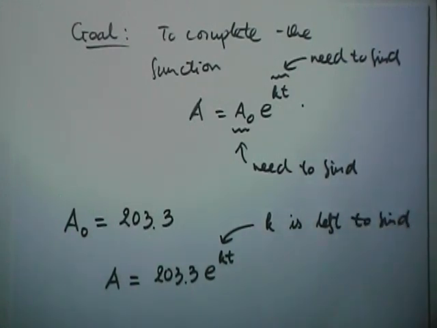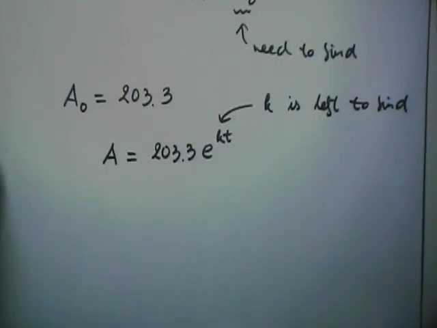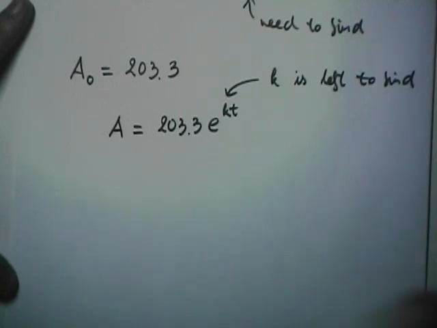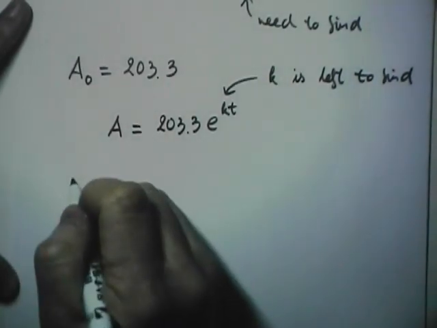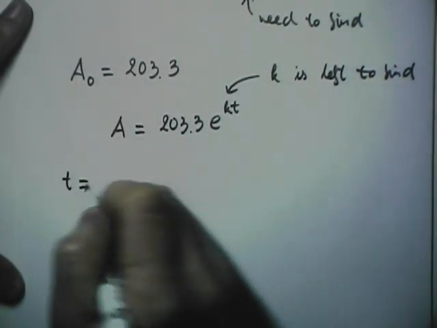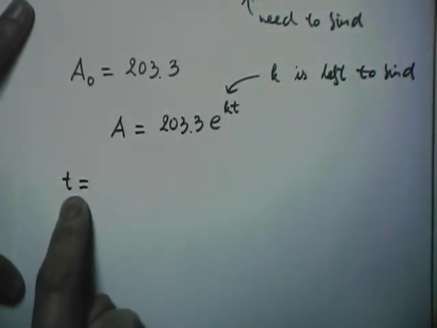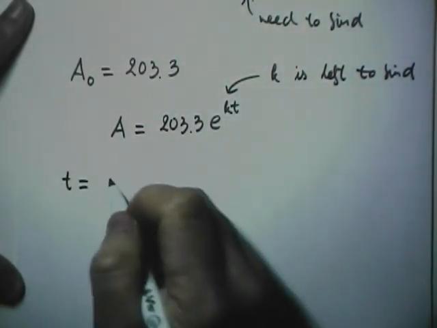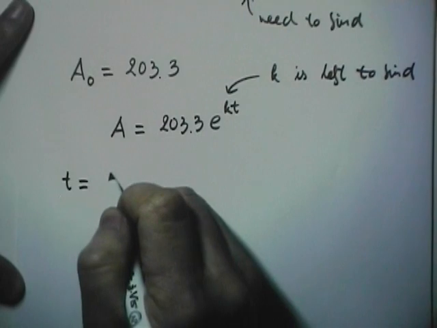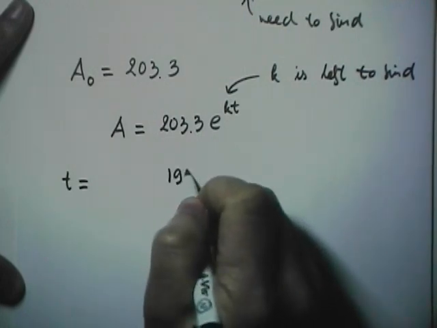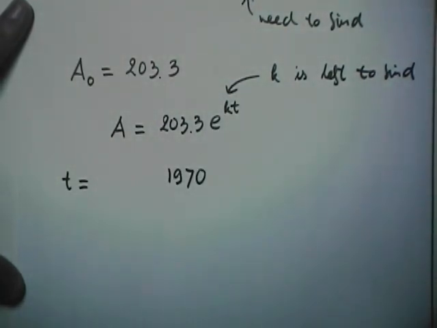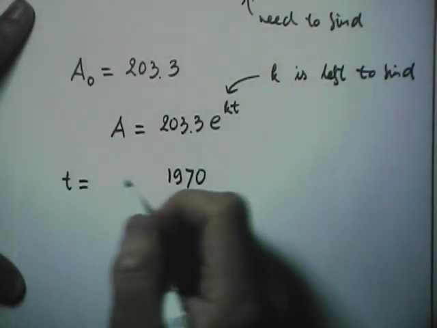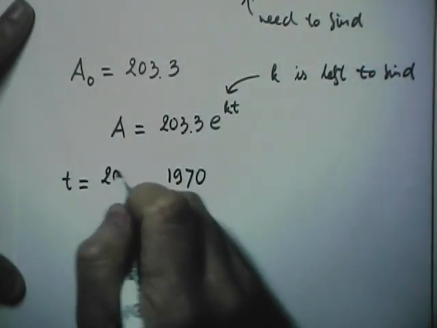Now, t, remember, is the time it takes to reach a certain population. Look at it: in our problem, we're starting out with 1970, but then we end the problem at around 2007.